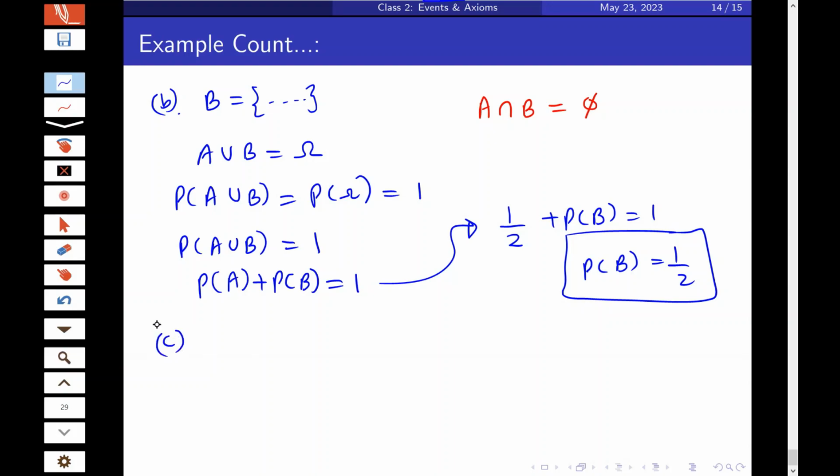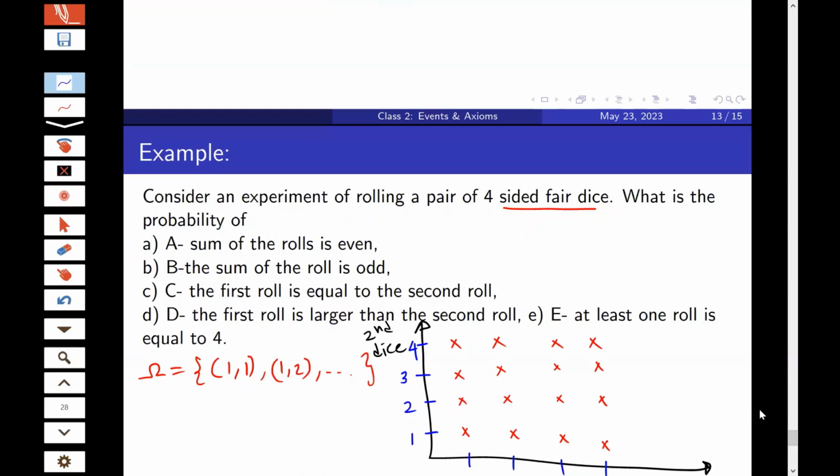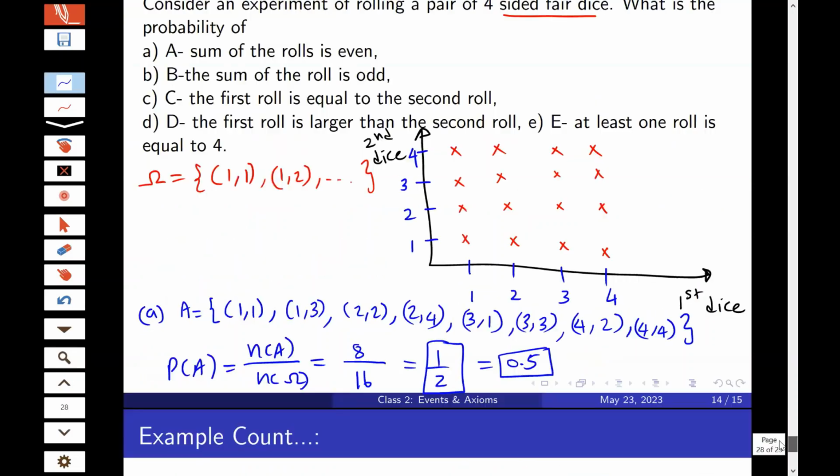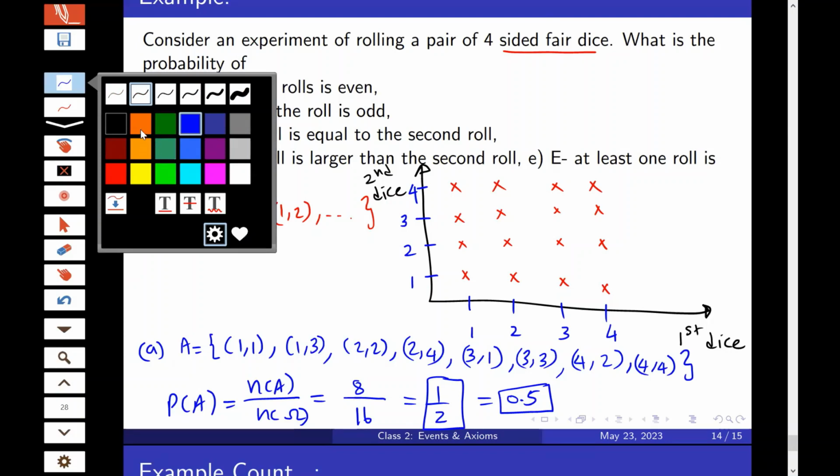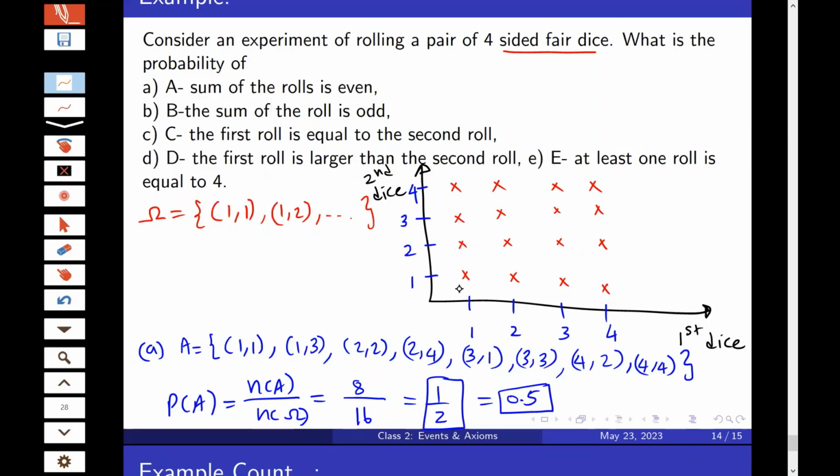Okay, so C says the first roll is equal to the second roll. I'm not going to list the items, but I will denote it in a different way. The first one is the same as the second one. So these are the values. We don't want to know the exact outcomes; we want to know how many outcomes are in the event. That's the only thing we need to know.